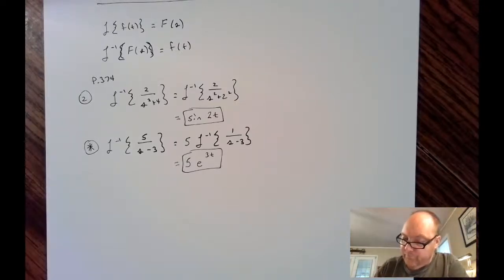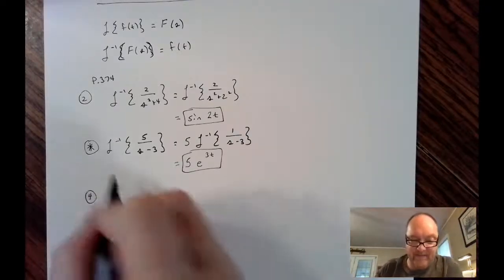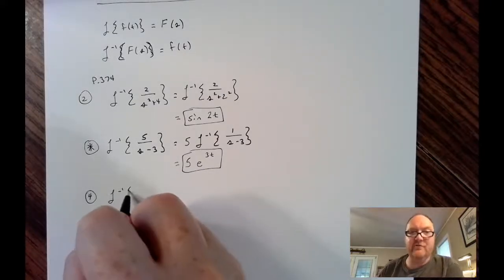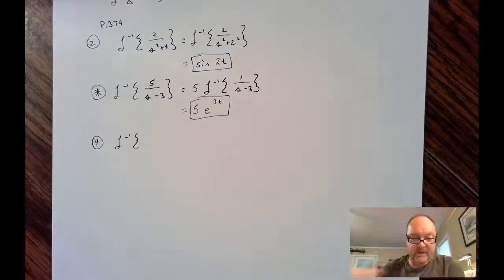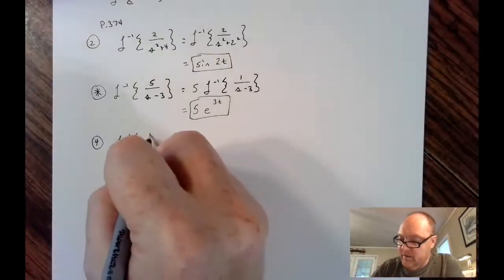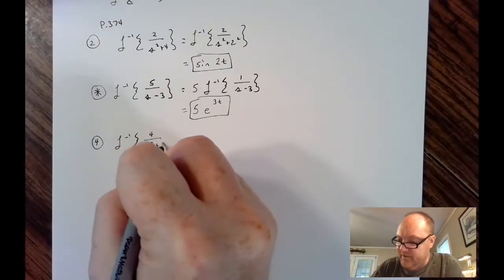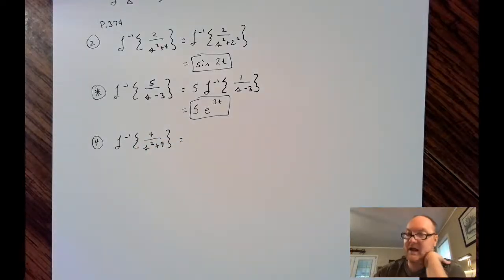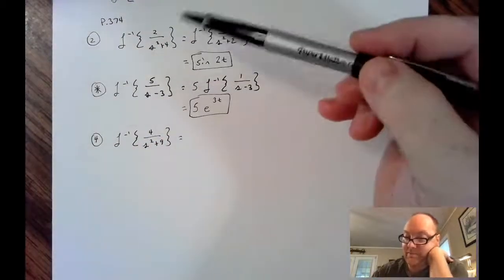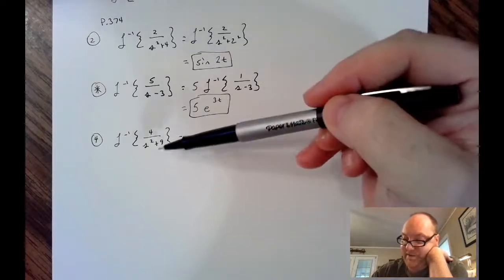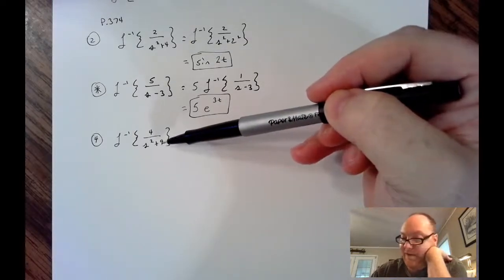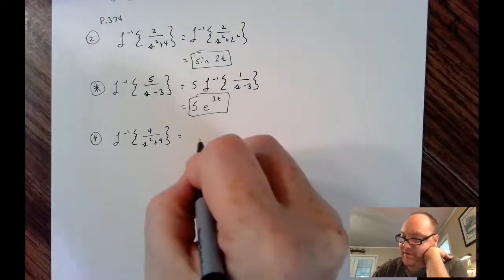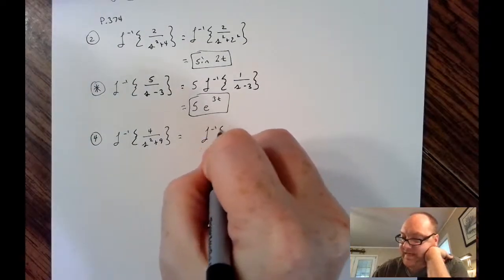Look at number 4, kind of with that idea of a constant in mind. I want to take the inverse transformation of 4 over s squared plus 9. That looks almost exactly like number 2, but I need this to be something squared. Well, we can do that, but I need the something in the numerator, right? So let me just start with that denominator.